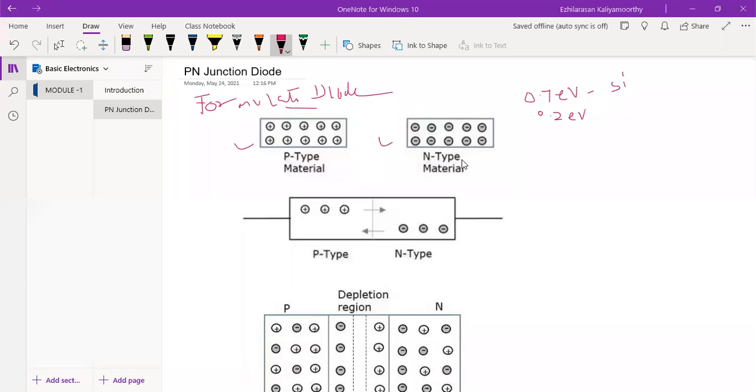To do that, you need to combine both types of material.